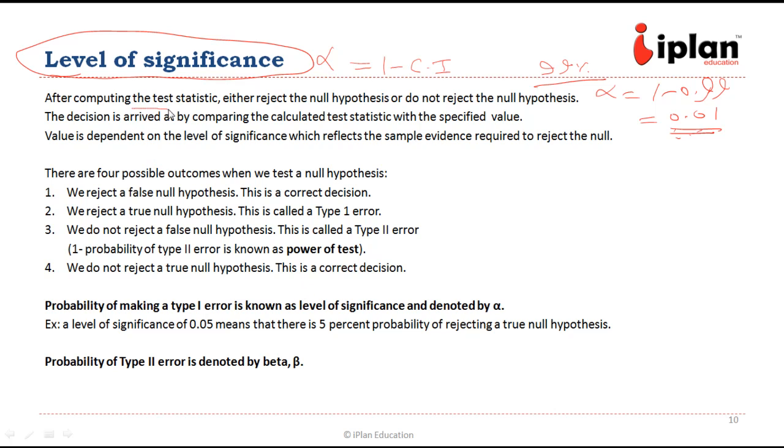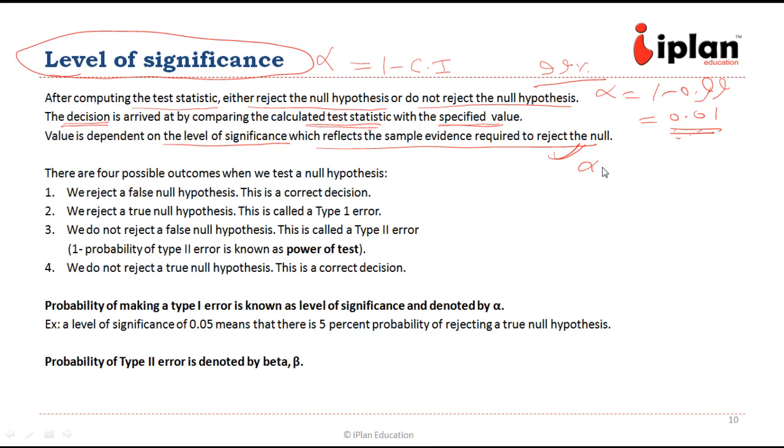So once we have calculated the test statistic, we can either reject the null hypothesis or not reject the null hypothesis. The decision is arrived at by comparing the calculated test statistic with the specified value, which comes from our level of significance. This value depends on the level of significance, which reflects the sample evidence required to reject the null.